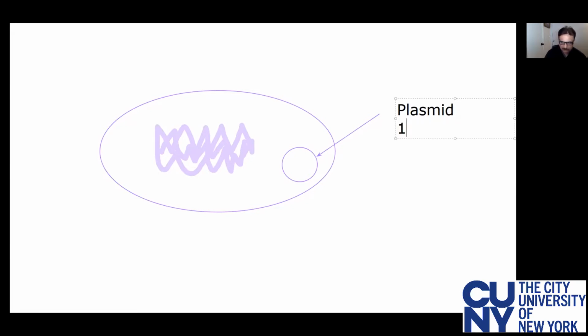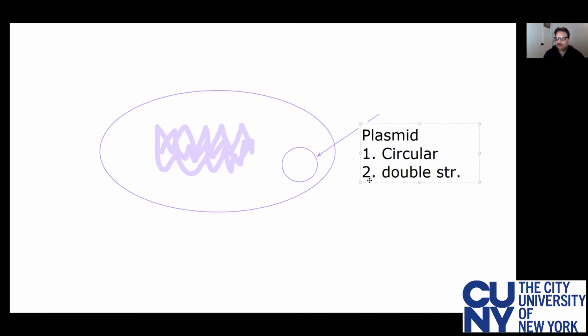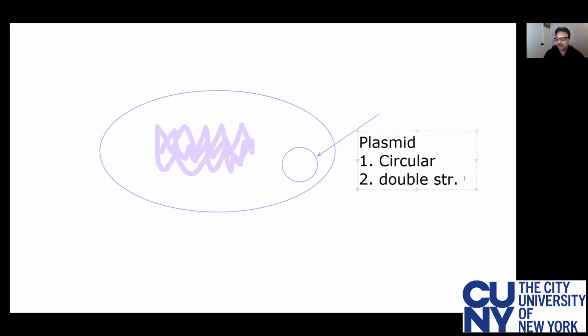Now, what are plasmids? As the shape suggests, it is circular. Second, it is like any other DNA, it is double stranded. But in addition to being circular and double-stranded, plasmids have two more features.